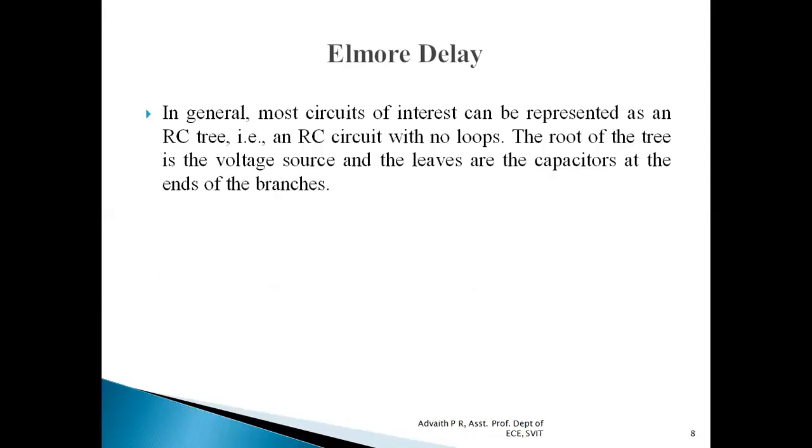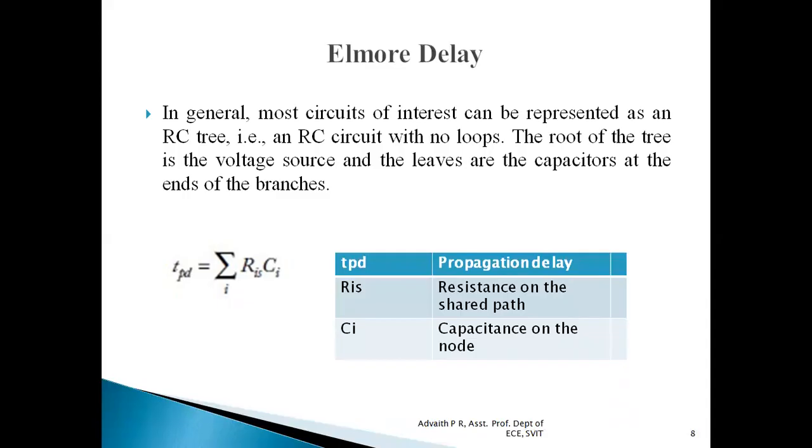According to Elmore delay, the formula for the propagation delay is t_pd is the summation of R_is and C_i, where t_pd is the propagation delay, R_is is the resistance on the shared path, C_i is the capacitance on the node. The same thing is represented out here. So this is one more delay model called the Elmore delay model. The delay can be estimated by using this formula, which is shown on the screen.